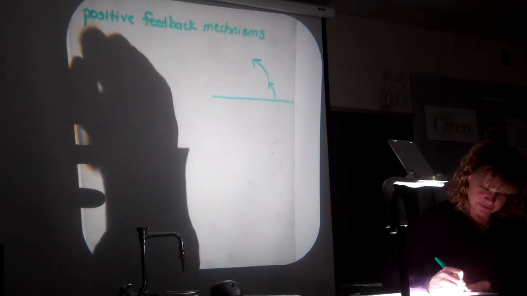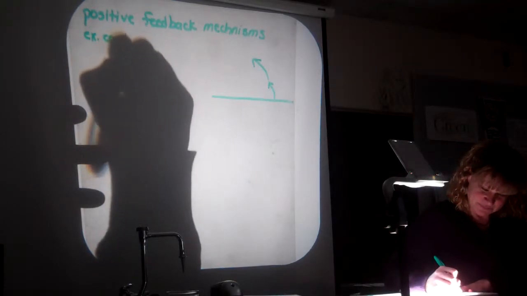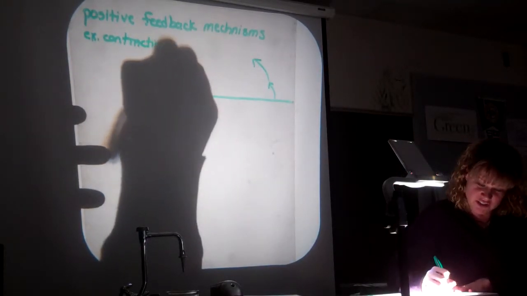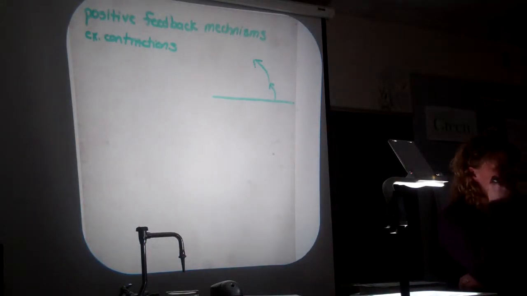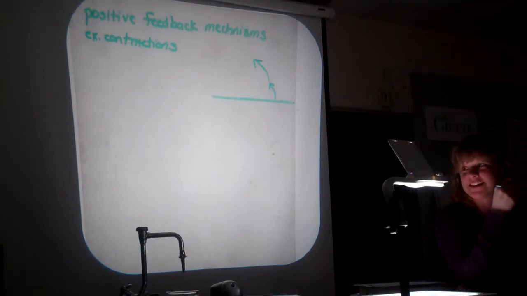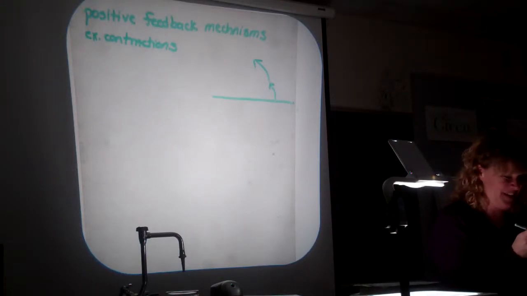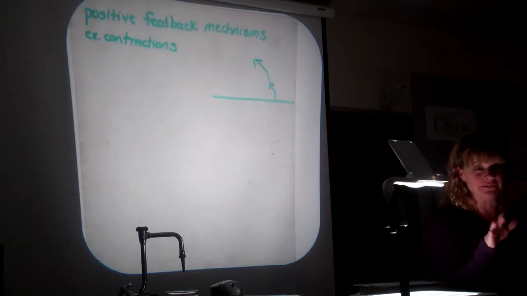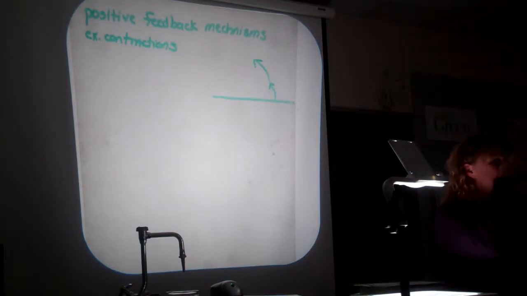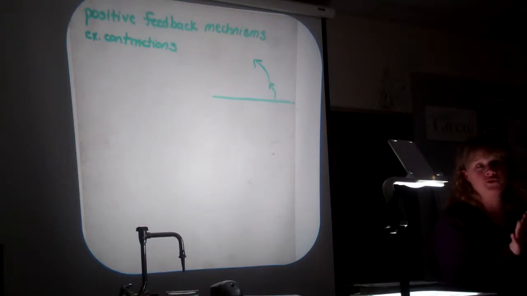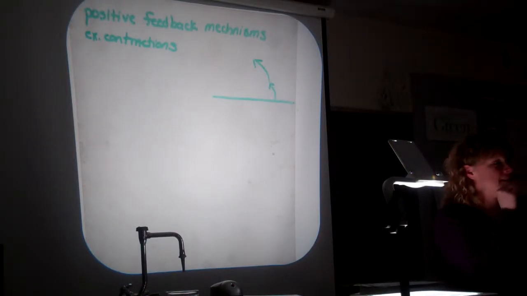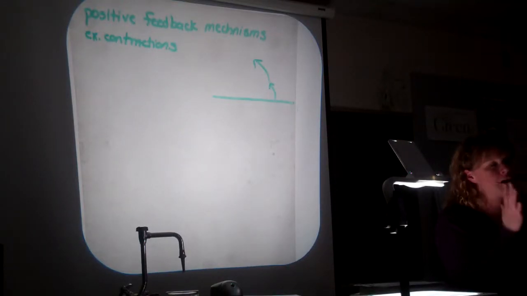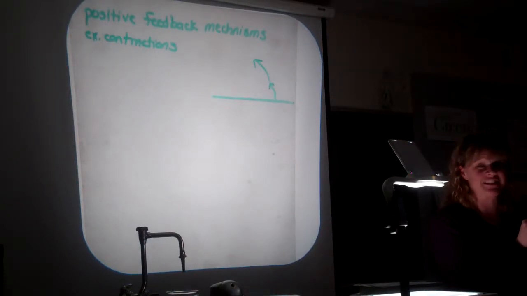Speaking of childbirth. Contractions at childbirth. For all you boys who do not know what that means, there comes a point around that nine-month time where baby wants out. And it sends a signal through your nervous system to start these contractions. Contractions are muscular movements to try to get the baby out. Believe me, you absolutely have to have contractions to get rid of the baby, otherwise it's just going to stay there.